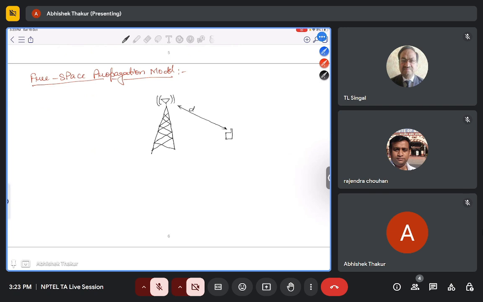And so there is an unobstructed propagation path between the transmitter and receiver.